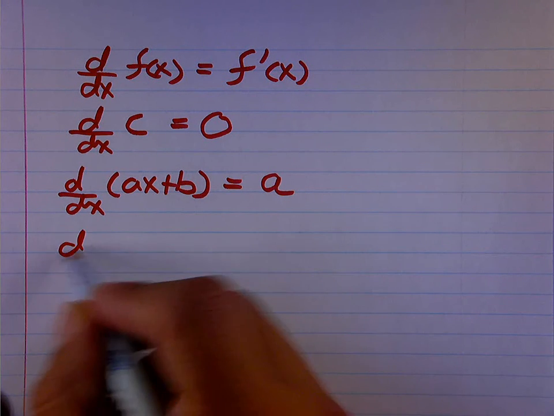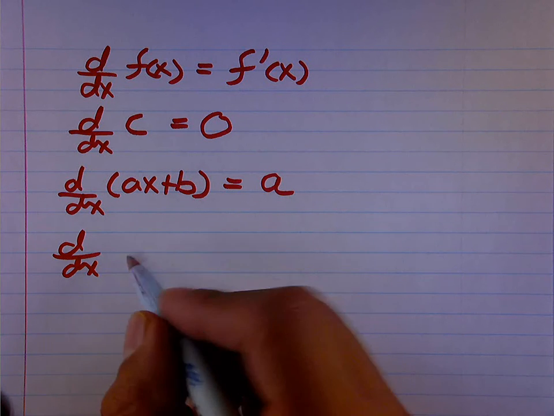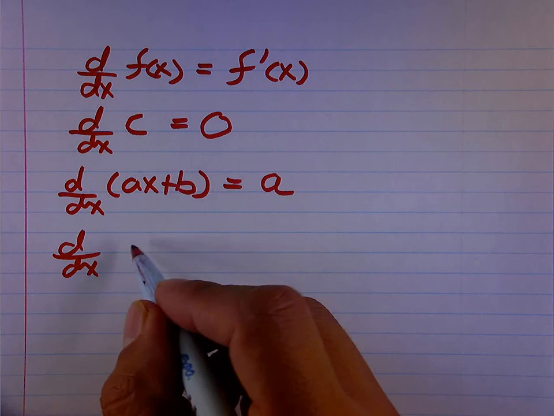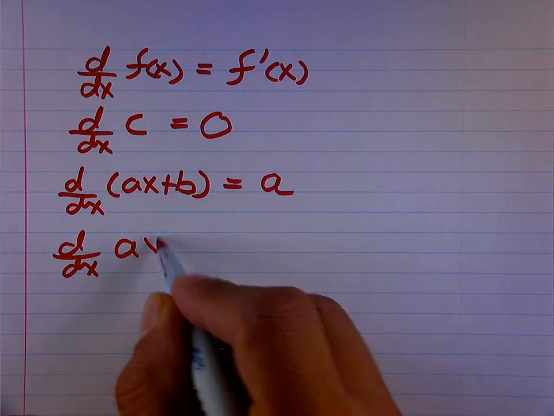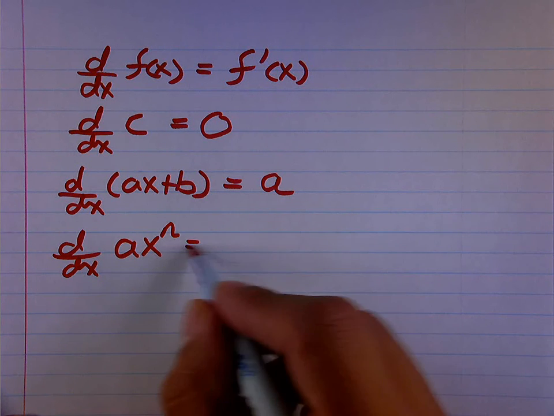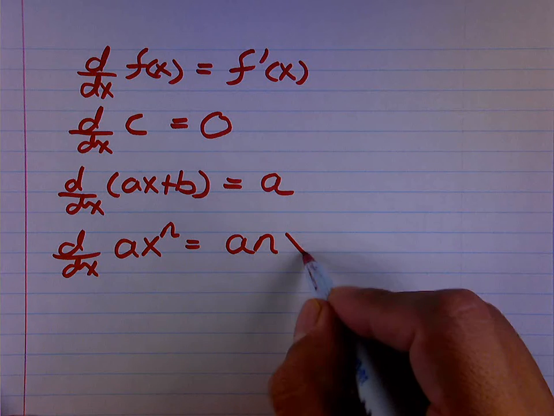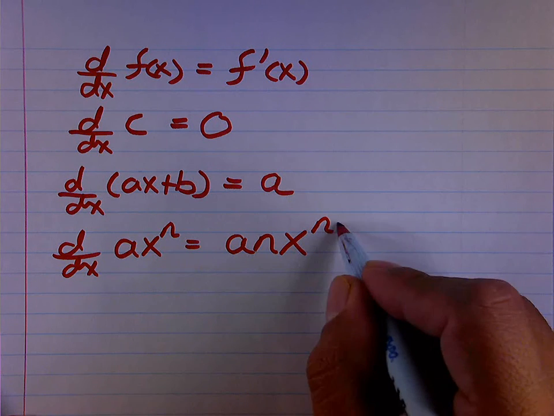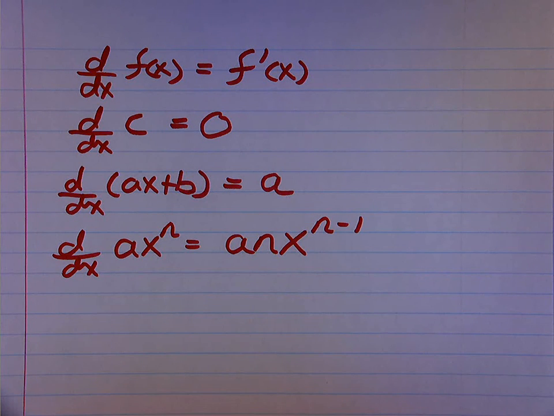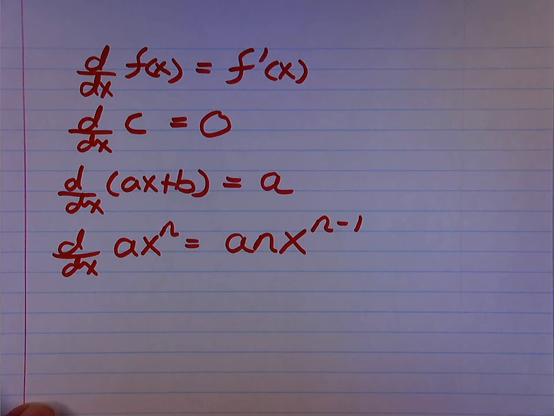Power rule is the derivative of a function that looks like this, ax to the n, equals a times n times x raised to the n minus 1, which is the instantaneous rate of change at any value along the function. I will give an example.